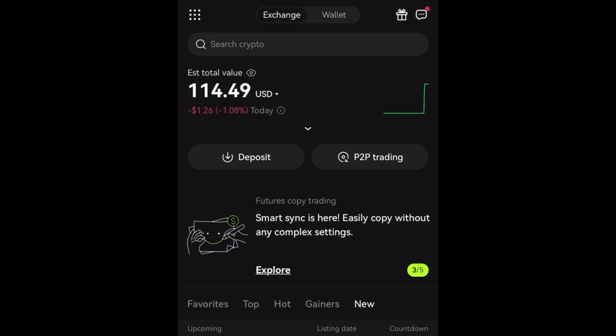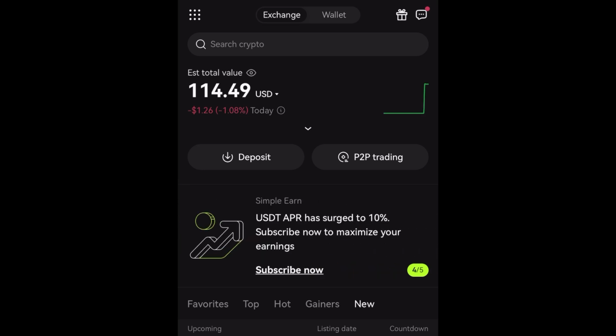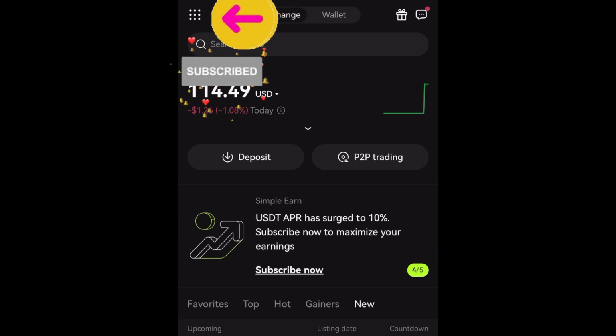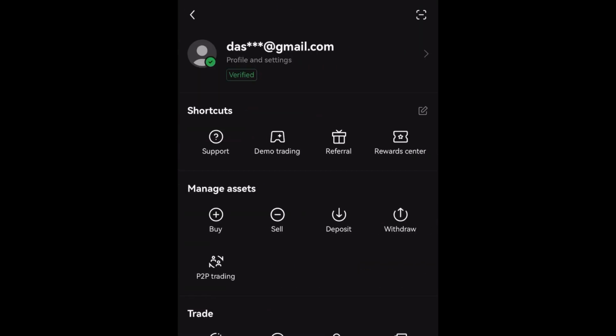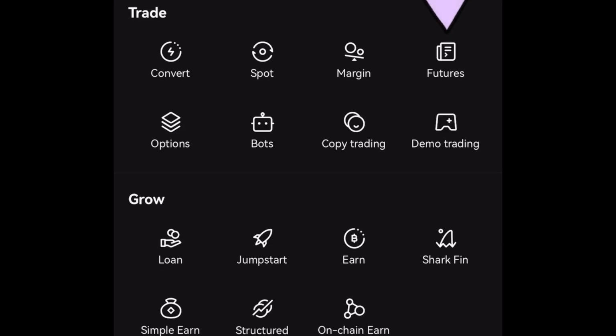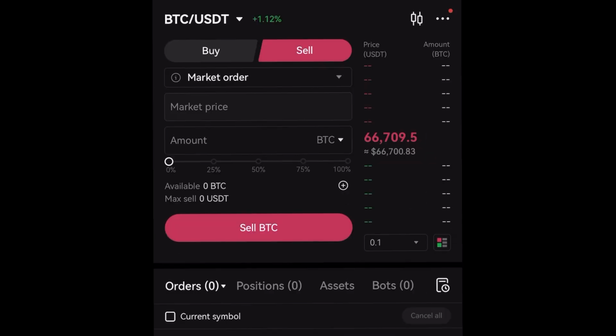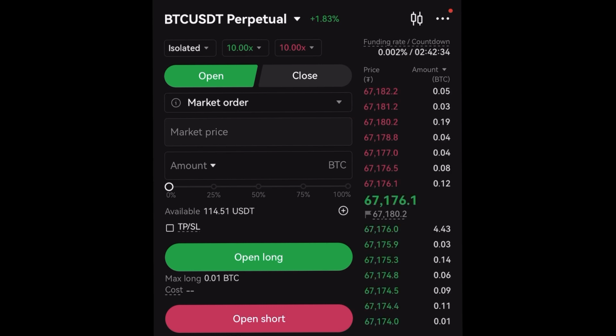So you would have to click on the icon on the top left side of your screen right here, and once you click on it, you have this page. So you scroll down and see trade, then you click on futures, since it is futures you want to do. Once you click on futures, it's going to take you to the futures trading interface or platform right here.